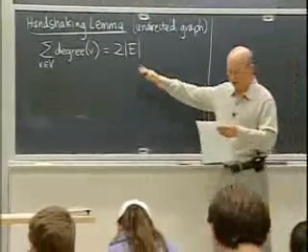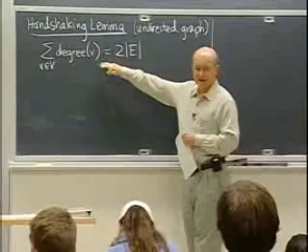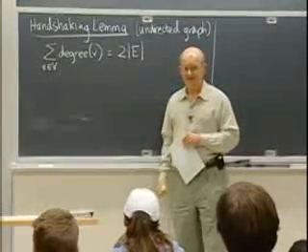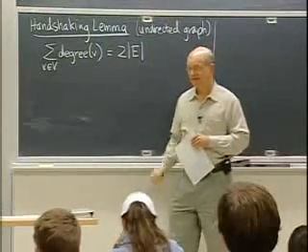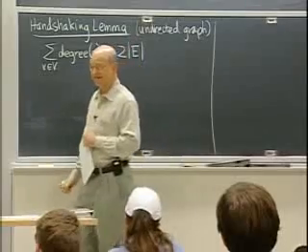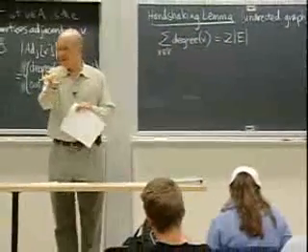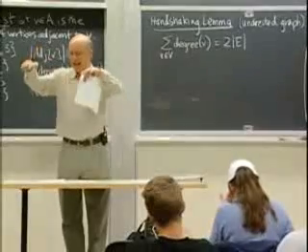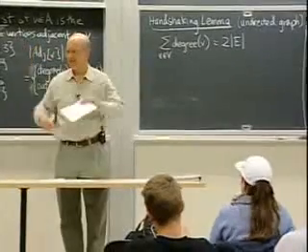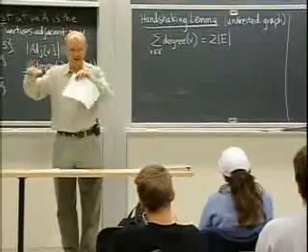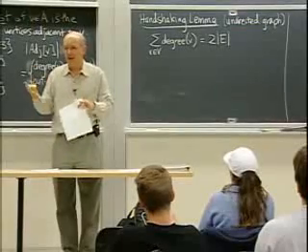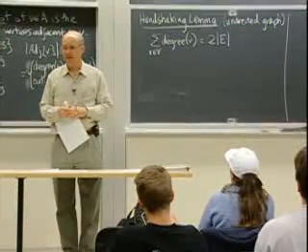So why is that going to be true? Why is it going to be twice the number of edges? Yeah? For every connection, there are 2 nodes. Every time you put in an edge, you add 1 to the degree of each person on each end. So it's just 2 different ways of counting up the number of edges.